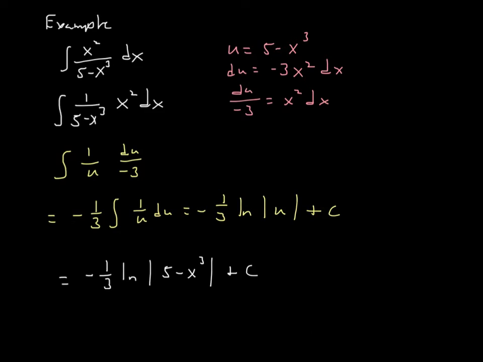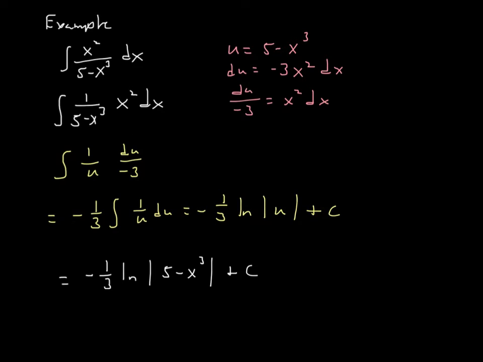Now I'm going to think of that negative 3 as du times a negative 1/3, and pull that negative 1/3 out. So it's negative 1/3 times the integral of 1 over u du, which we know from the log rule is the natural log of the absolute value of u. So this equals negative 1/3 times the natural log of the absolute value of u.